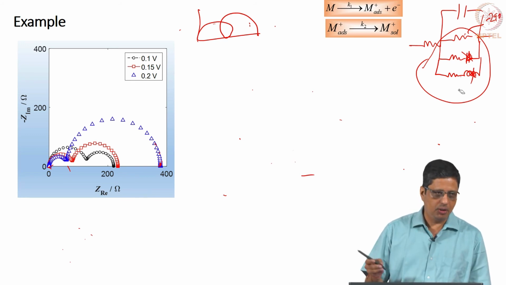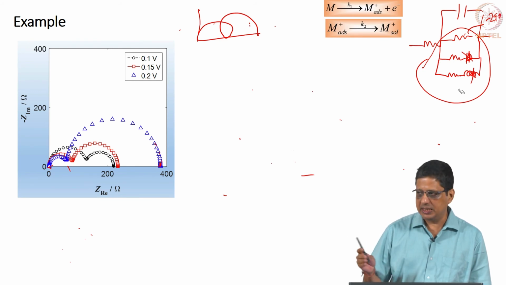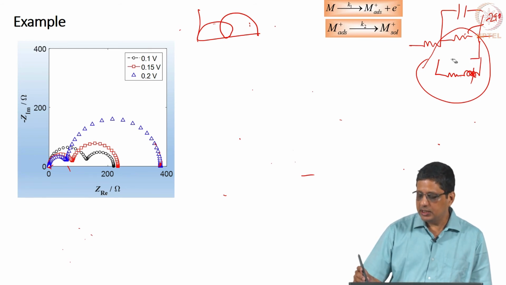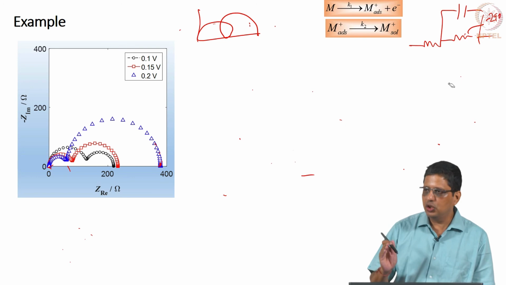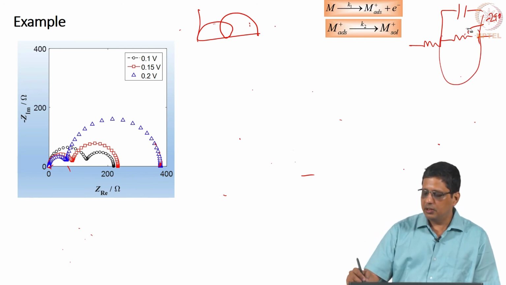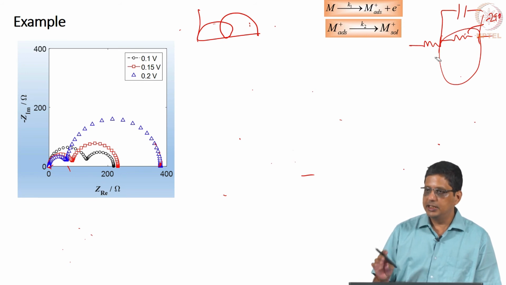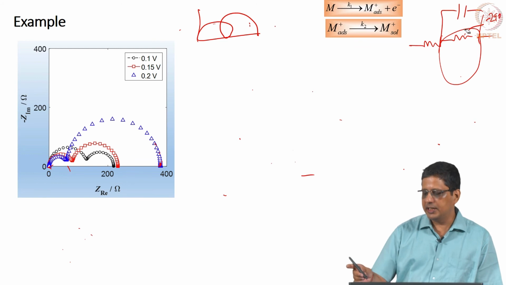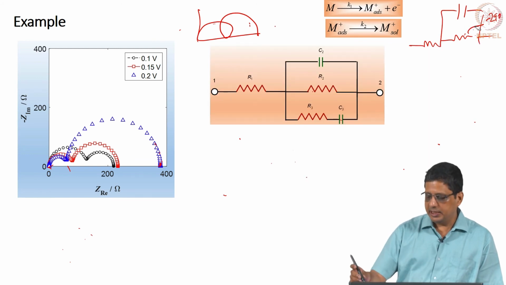If you have a film on the surface and you are modeling the film plus reaction, then you may get an inductor and you may not have a choice, that is different. When you assume there is only a simple reaction without any further film formation and so on, then for this part which represents Faradaic impedance, it is better to keep it as a set of inductors or a set of capacitors. Usually we keep it as a set of capacitors, but you should not mix up.